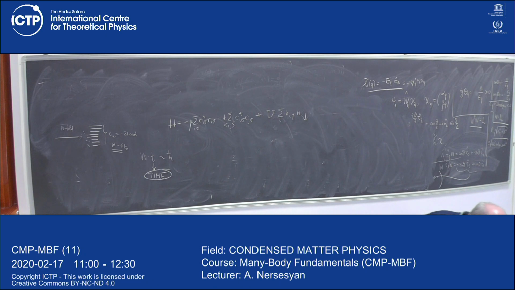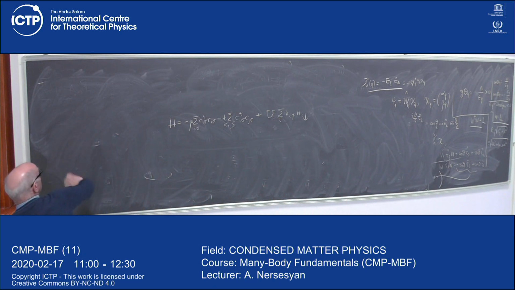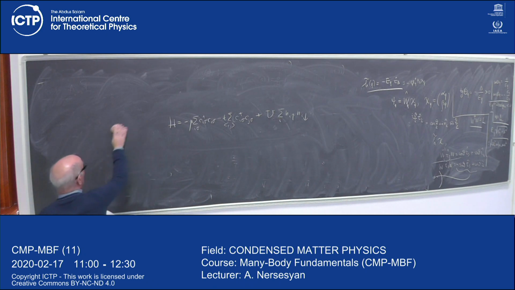So to make some progress, first of all, what we need to do is to understand the basic symmetry properties of this Hamiltonian. There are lots of symmetries here. All of them are equally important and they play a very important role.